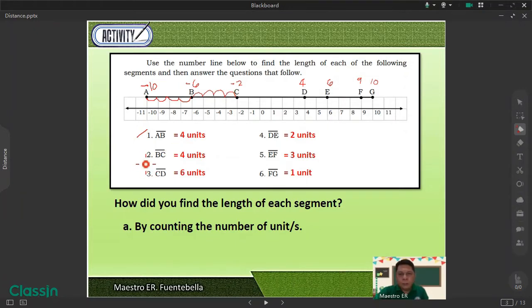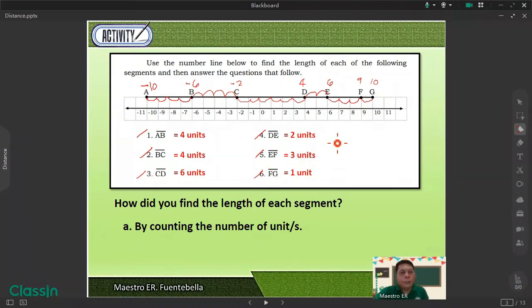So segment BC equals 4 units. How about segment CD? Let's count: 1, 2, 3, 4, 5, 6. So it equals 6 units, correct? And DE, 1, 2, so 2 units, check. EF is 1, 2, 3 units, and of course FG is 1 unit.